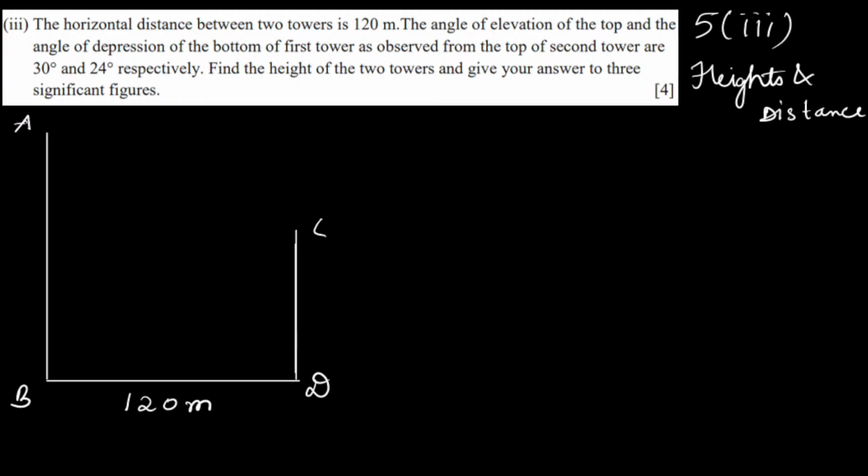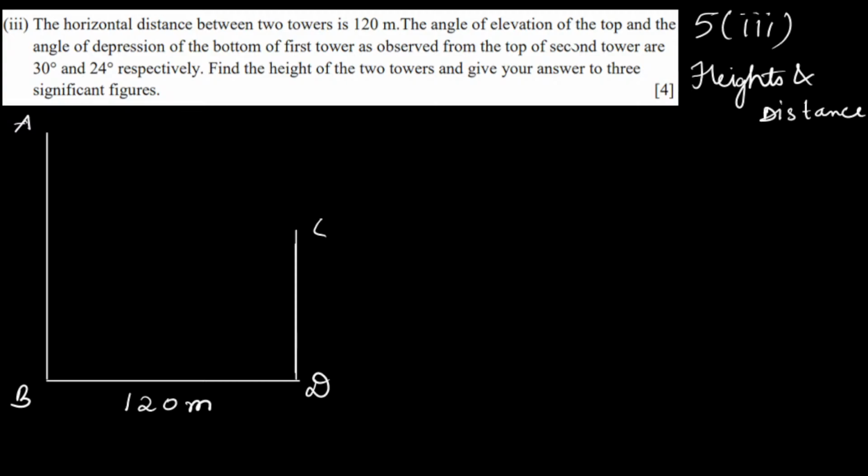The angle of elevation of the top and bottom of the first tower as observed from the top of the second tower. Here it is mentioned the angle of elevation and depression of the first tower. That means the first one is the bigger one, because both angles are possible only if this is greater.